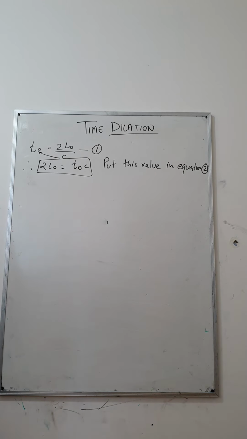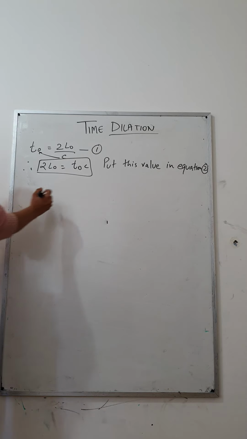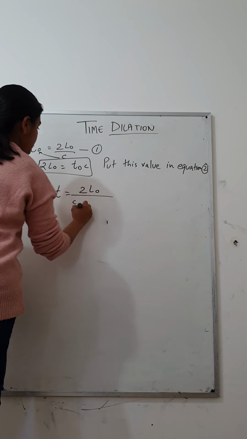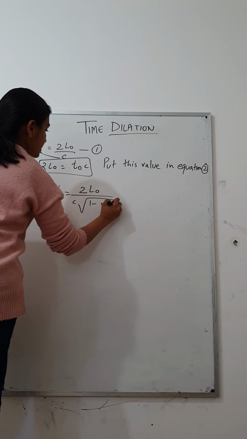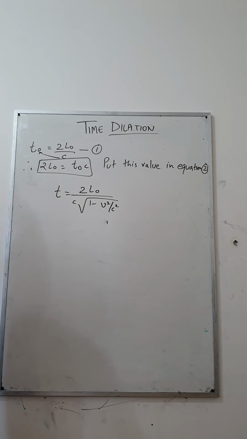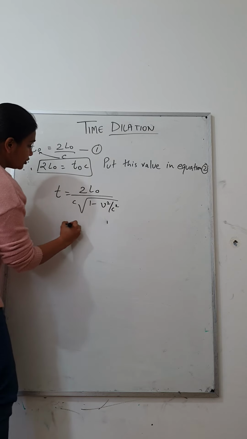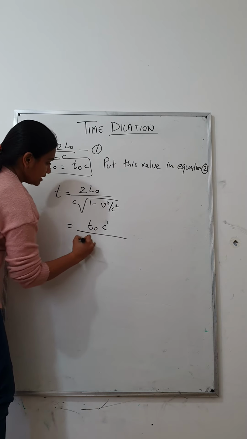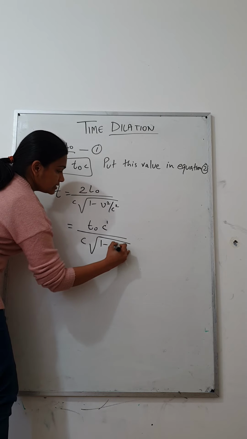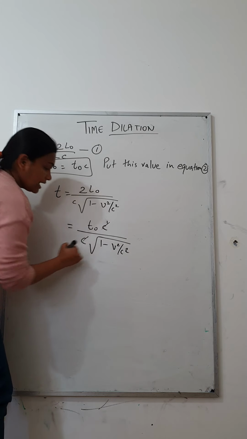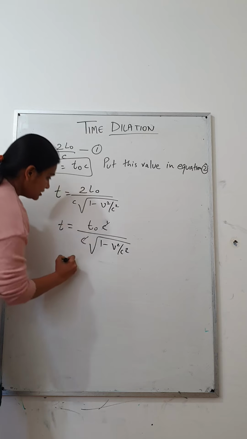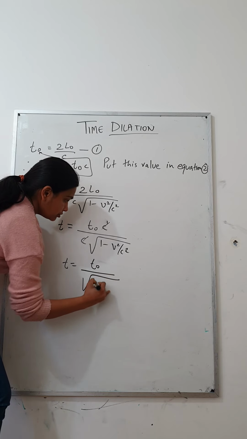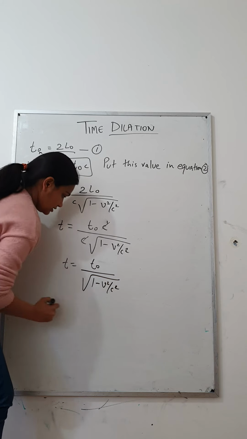It was t equals 2L0 divided by c under root 1 minus v square by c square. Putting in the value of 2L0, it will be t0 c divided by c under root 1 minus v square by c square. I can cancel c with c. So t equals t0 over under root 1 minus v square by c square.